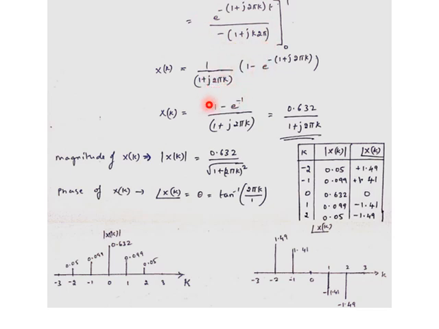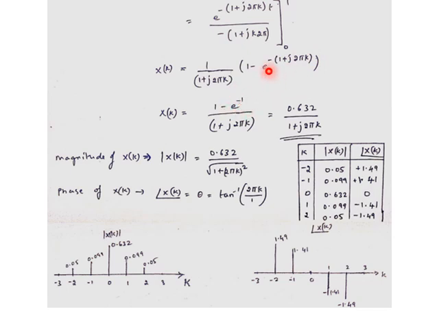So x of k, if I further simplify this factor, here what we are observing is the term 1 minus e to the power minus 1 into e to the power minus j 2 pi k. What is e to the power minus j 2 pi k? It is always going to be 1. So e to the power minus 1 into 1 will always be e to the power minus 1.